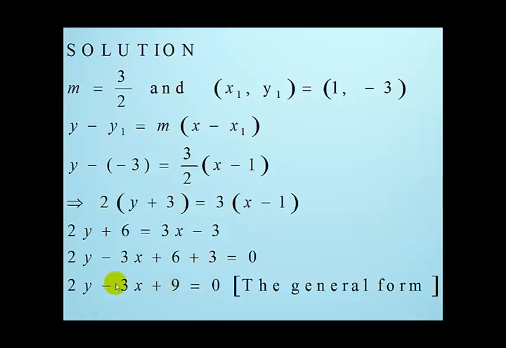So the equation now becomes 2y minus 3x plus 9 is equal to 0. That is the equation of the straight line with gradient 3/2 and the point (1, minus 3) on the line. The equation is given by 2y minus 3x plus 9 is equal to 0.